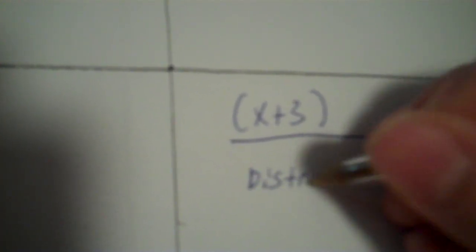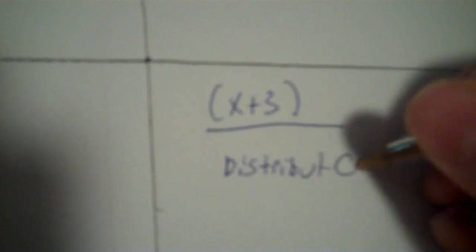Got x second only. So that is linear properties. Okay, here we've got x with a plus 3 in parentheses. Okay, there's no power, so you would distribute. That's it.